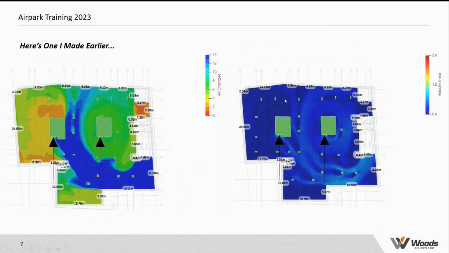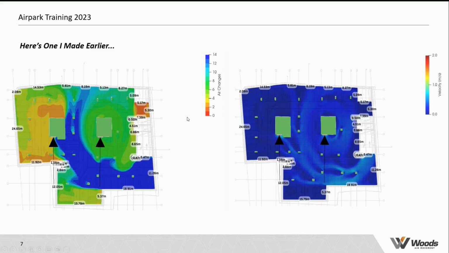Here is what we might see once the simulation has been run on our car park with no jet fans present. The results here are presented in two separate images: age of air contours on the left and velocity contours on the right. These are taken as cut plots at the plane of the selected jet fan height you put in when putting in your jet fans into the system.